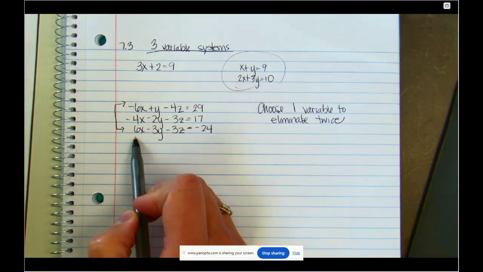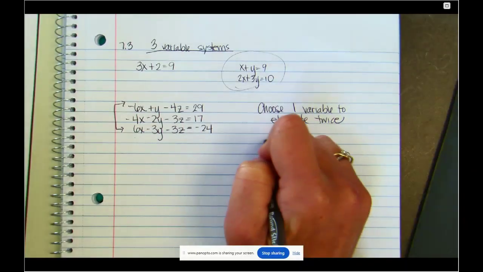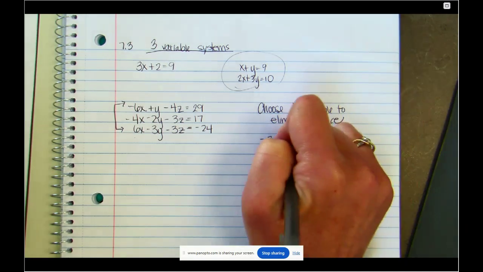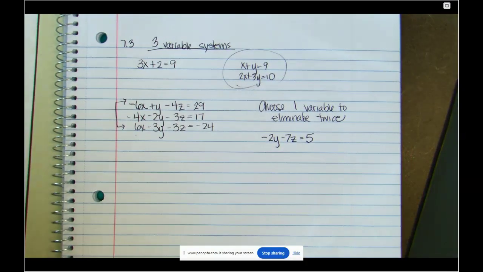Okay, so add top and bottom together. Our new equation is negative 2y minus 7z is equal to 5. Now, if we picked X, then we have to eliminate X's again with a different pair of equations.